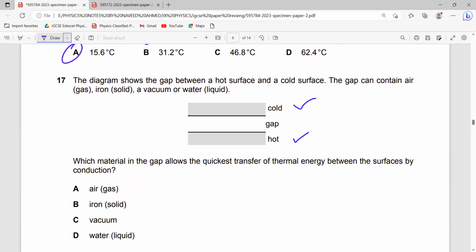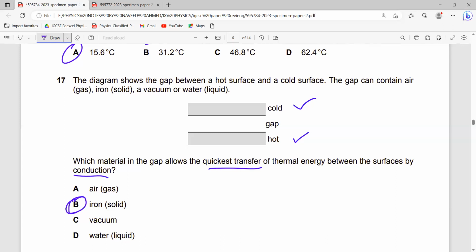Which material in the gap allows the quickest transfer of thermal energy between the surfaces by conduction? Here the condition is that the process is conduction. So conduction is only possible in solid. So we remove the air, vacuum and water options. So B is the right option.